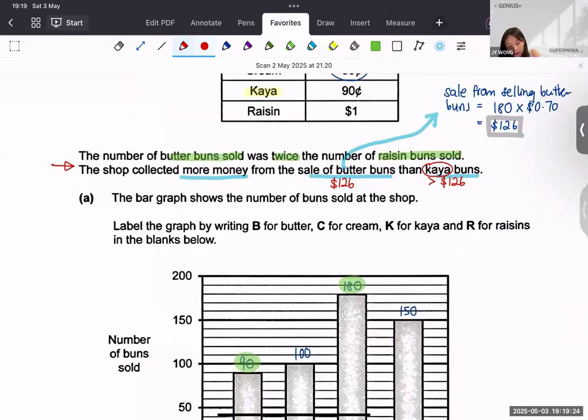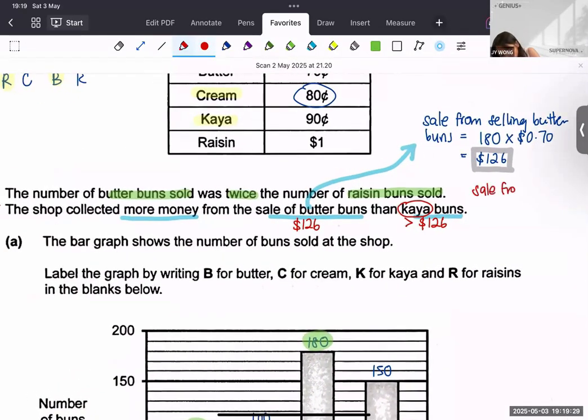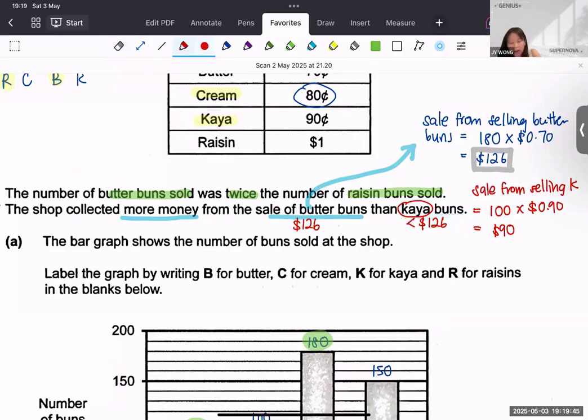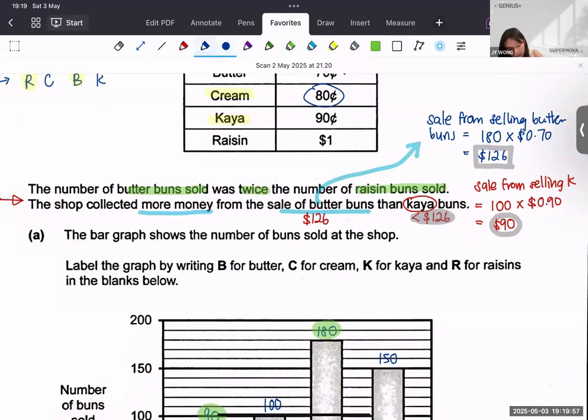So the sale from selling K will be $90, which is less than 126. Sorry, I wrote the wrong symbol just now. Less than 126, so it must be 90, because just now 135 was more. So we can tell that K is 100.